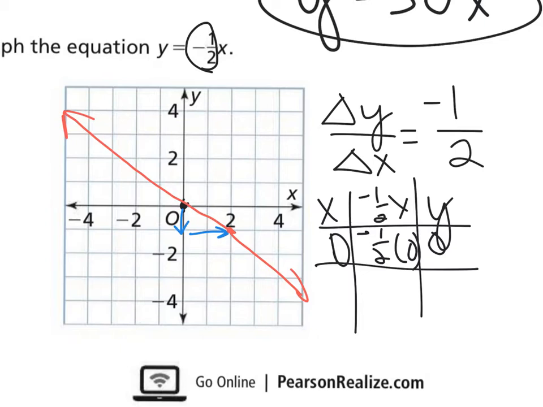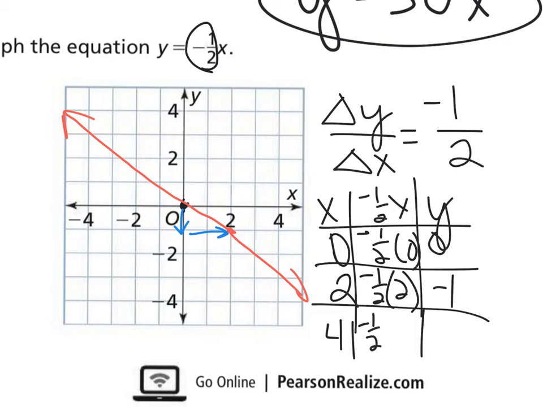So since my denominator is 2, I'm going to do multiples of 2 as my points. If I put in a 2, half of 2 is 1, and then we have a negative, so that would be a -1. Another option, we could try 4. Half of 4 is 2, and we have a negative, so that would be a -2.